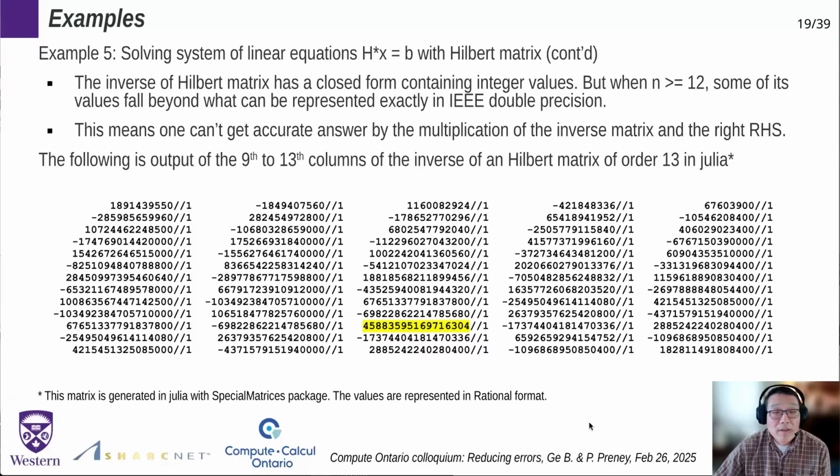Okay, and you can do this perhaps using a symbolic algebra system, but that's not the point. The point is whether you solve the linear system using LU decomposition, or you multiply the inverse matrix, which has a closed form, by the right-hand side b.